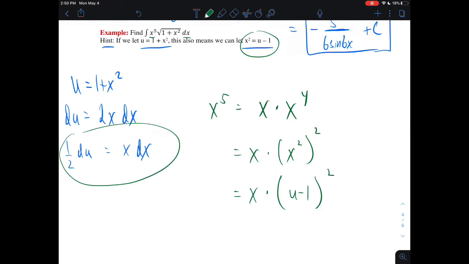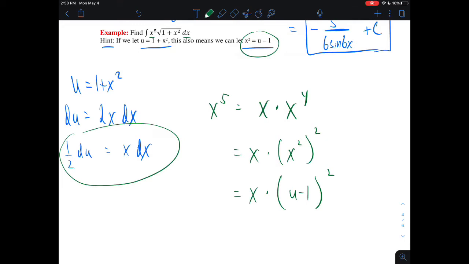So now you can see what we're going to do. I'm going to replace the 1 plus x squared inside of the square root with a u. And I'm going to replace one of the factors of x that are out front and the dx with 1/2 du. And then the x to the fourth I'm going to replace with u minus 1 squared.